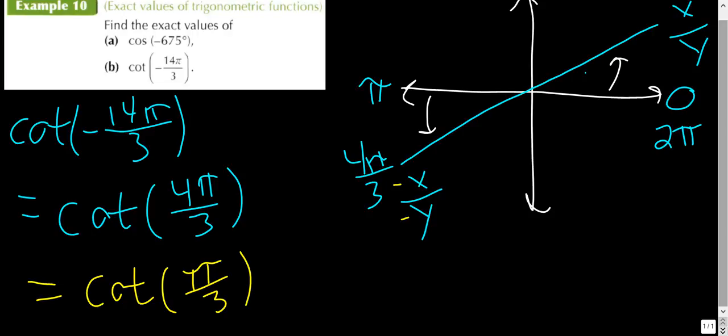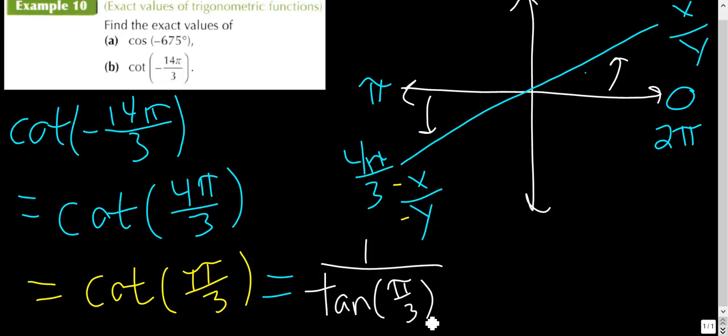So now, what was the cotangent of pi over 3? Well, I know that this is the same thing as 1 divided by the tangent of pi over 3. Okay, so that's what cotangent is. It's 1 over the tangent. Well, the tangent of pi over 3 is something that I did find.